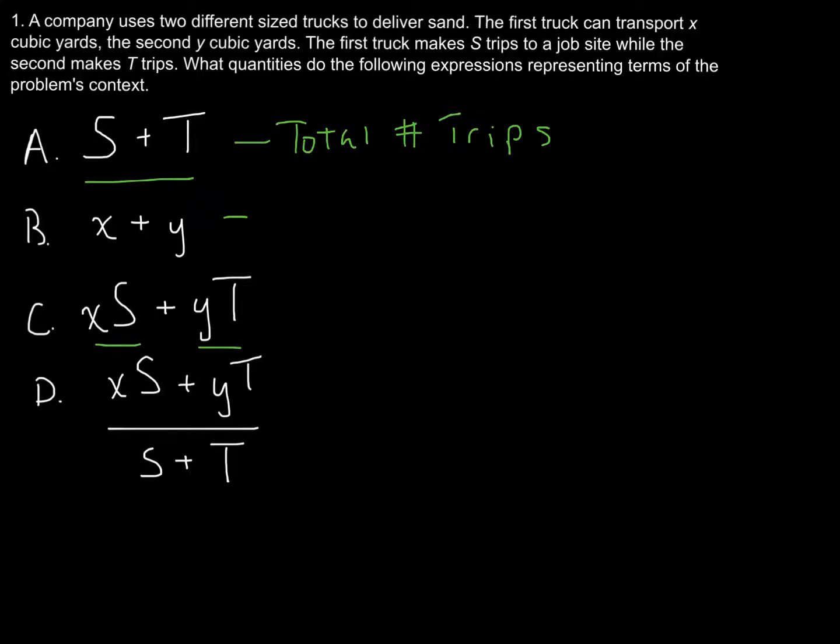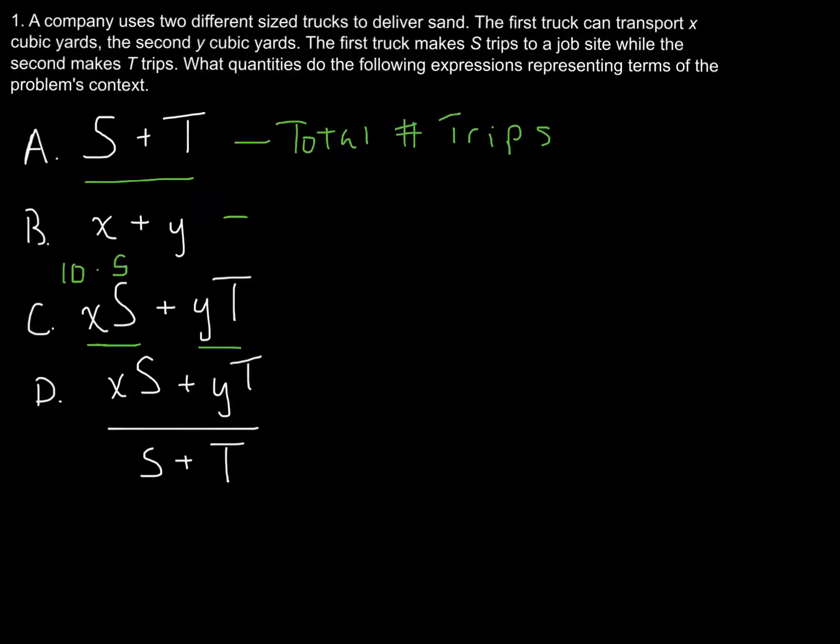If you think about it, let's say it made 5 trips, and it could transport 10 cubic yards. When you're multiplying those two, you're finding out the total number of cubic yards that you could move in the day, or with that many trips.